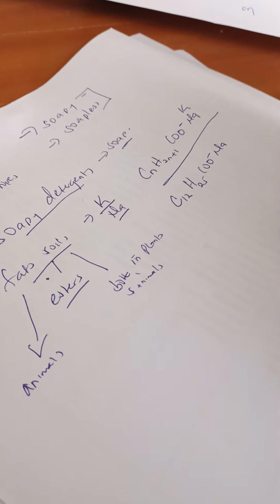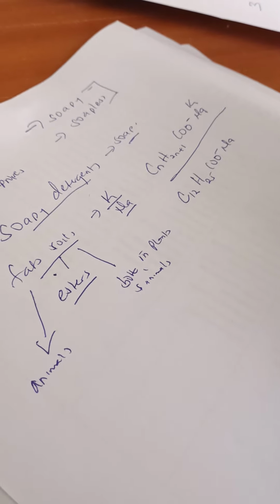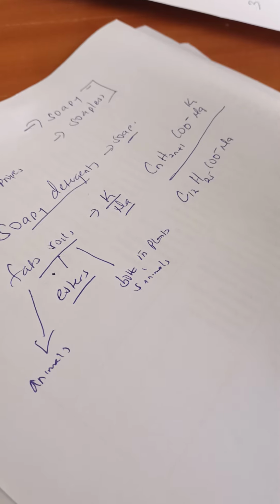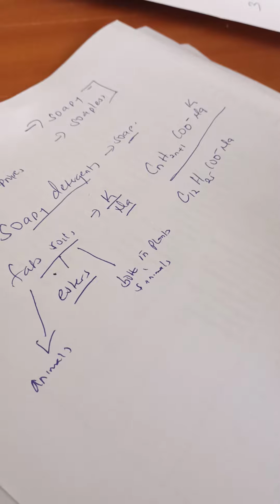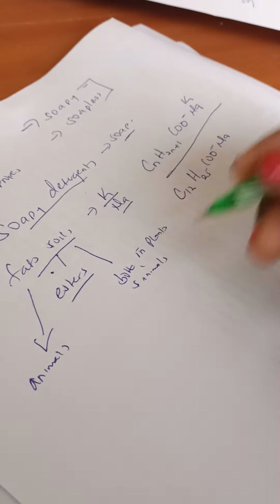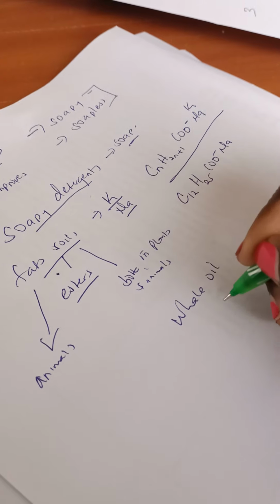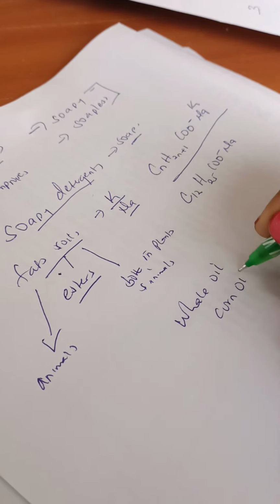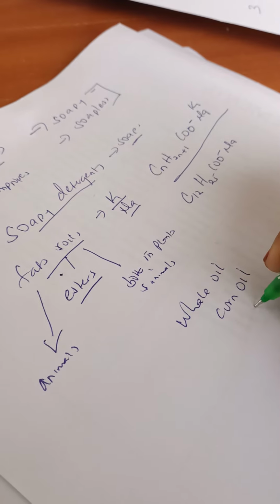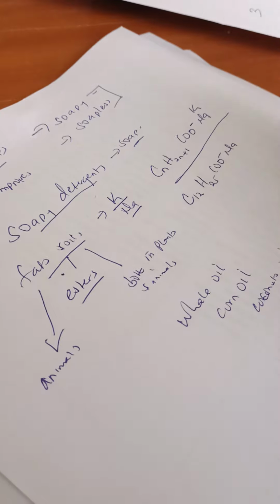Examples of oils are whale oil from whales, groundnut oil, corn oil, and coconut oil. There are so many.